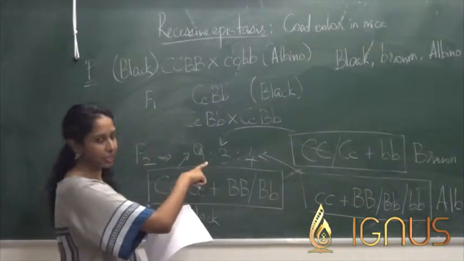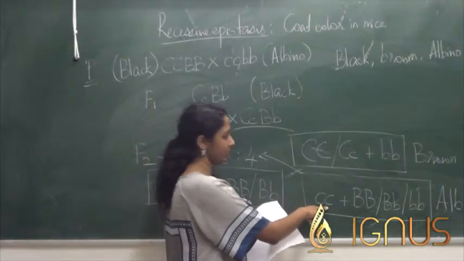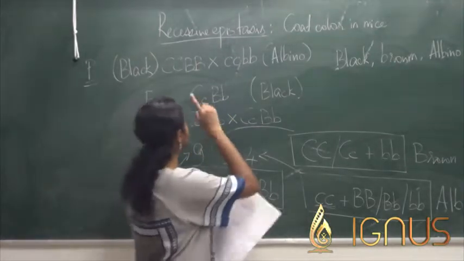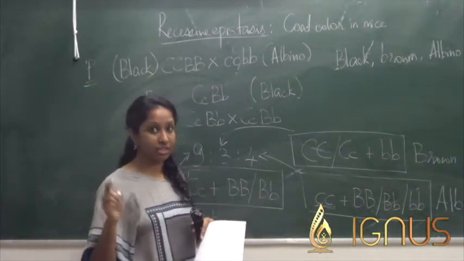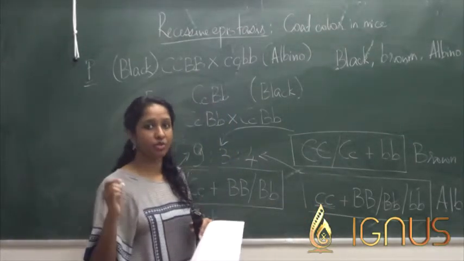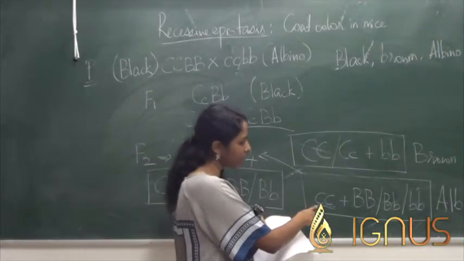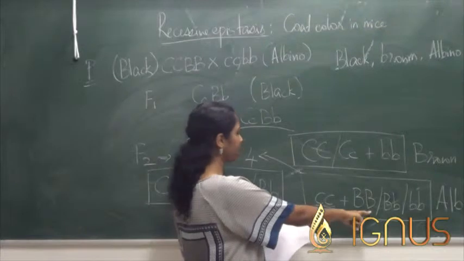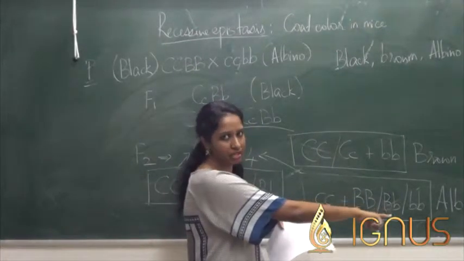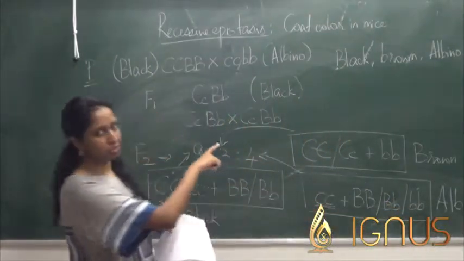The other one is when you have homozygous recessive C. Like I said, this is recessive epistasis and C is the recessive epistatic gene, and therefore whenever C is in a homozygous recessive state, in combination with homozygous dominant, heterozygous dominant or homozygous recessive B, you are going to have albino, which is the number 4 here.